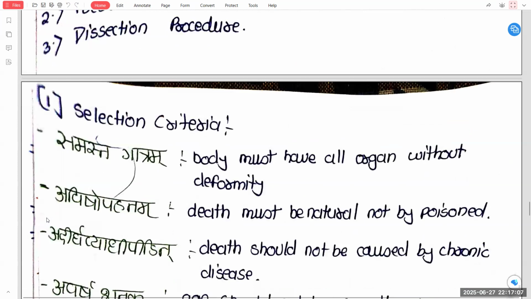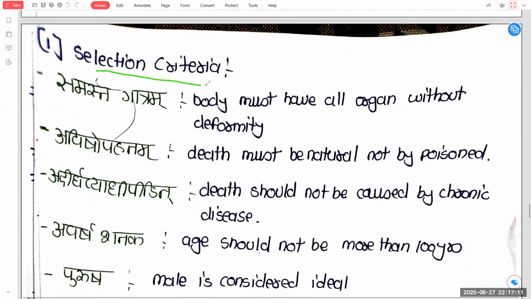First, let's see the first topic, which is selection criteria of a dead body. Which should be the appropriate dead body we should select for the purpose of dissection? Such a dead body having samasta gatram, all the organs. Gatra means organs, as I said earlier. But which type of organs?